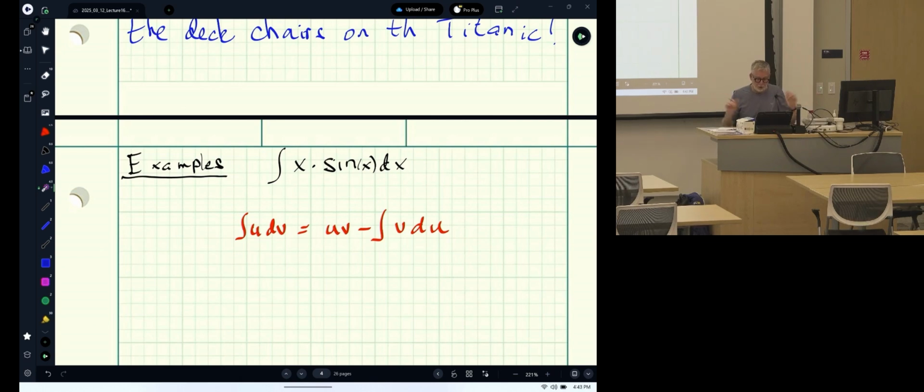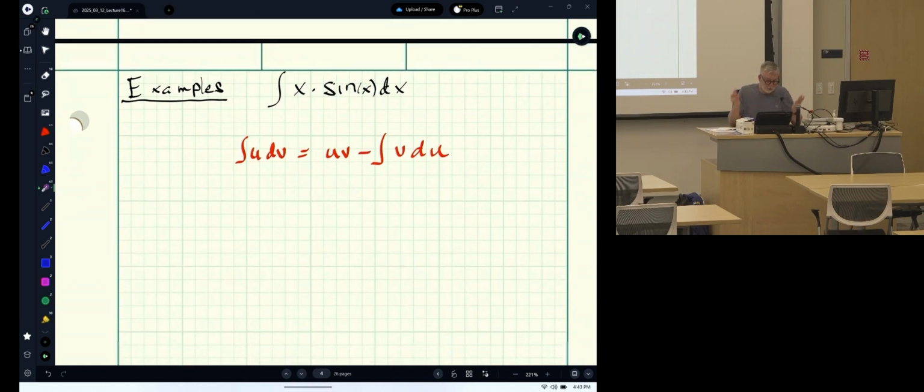Now, the next thought process is, what makes this integral hard is the presence of the x, because sine is easy to integrate without x. And the way we can make x disappear is if we differentiate it and turn it into a 1, or dx. So that's what motivates it.